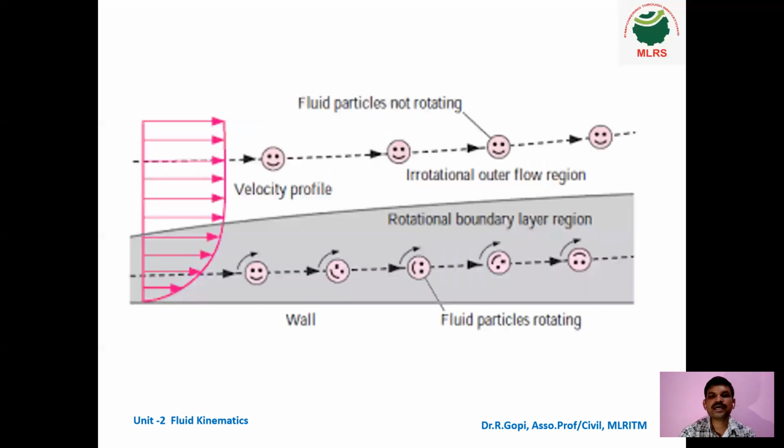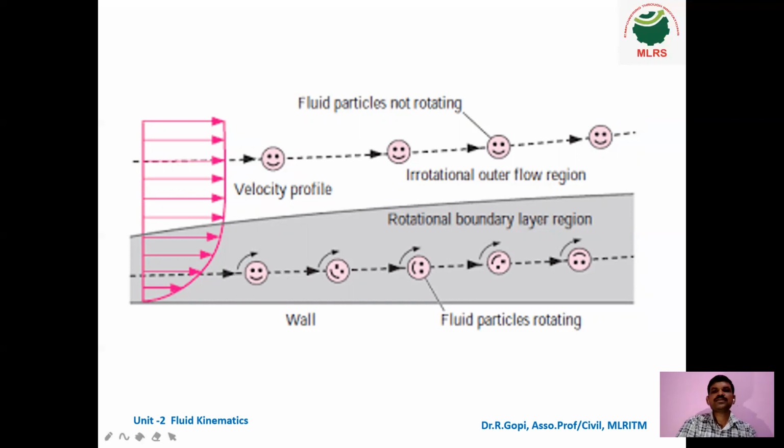You can see in this figure, this is a pipe, and this is the pipe wall. In this figure, this is the given path, and fluid particles are moving in the given path. This is the fluid particle, the smiling face cartoon. You can see here, this is the initial shape. Now it is rotating. It will move along a well-defined path.